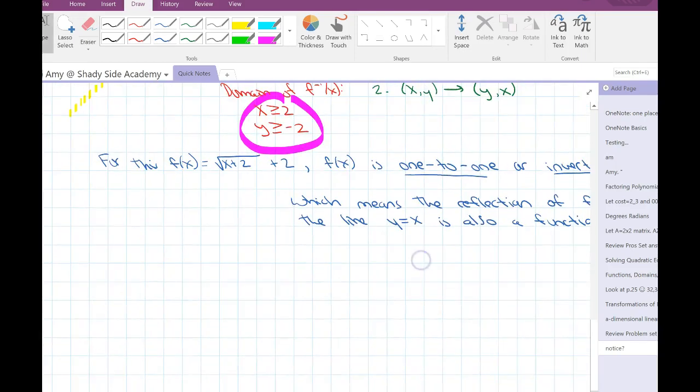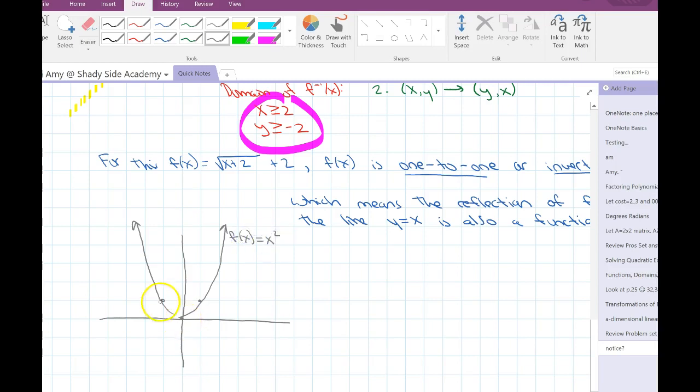All right, here's an example of one. Let's go ahead and graph the graph of y equals x squared. Okay, this is the graph of f of x equals x squared.